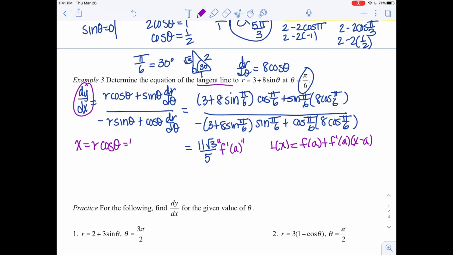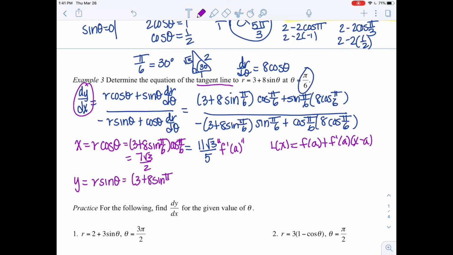So if you think about the fact that x is equal to r cosine of theta, so that means I'm going to do 3 plus 8 sine of theta, pi over 6, times cosine of pi over 6. You'll see that that works out to be the value 7 radical 3 over 2.